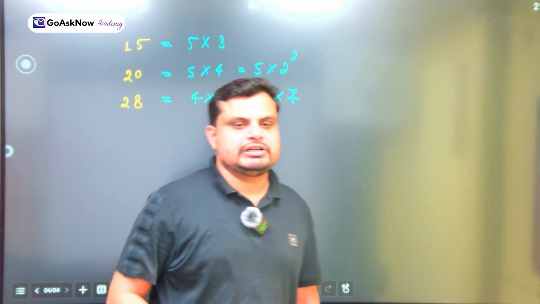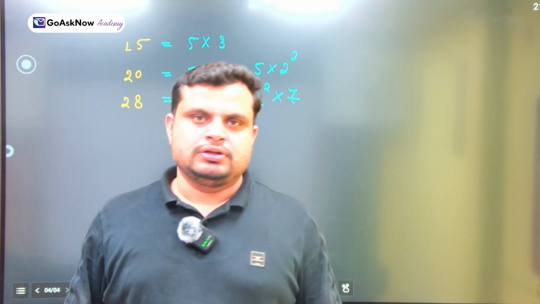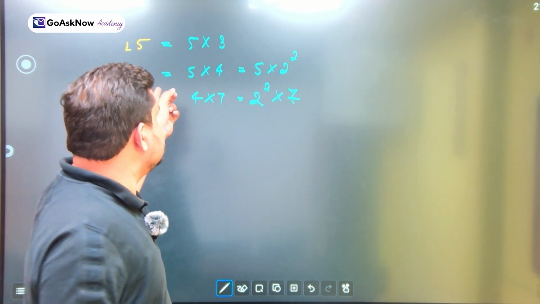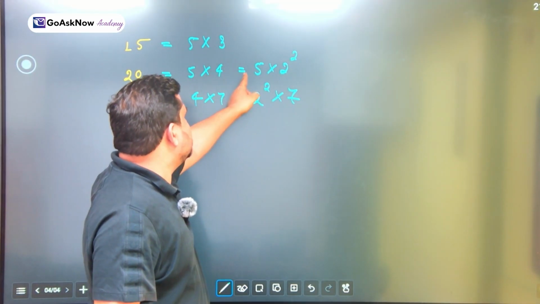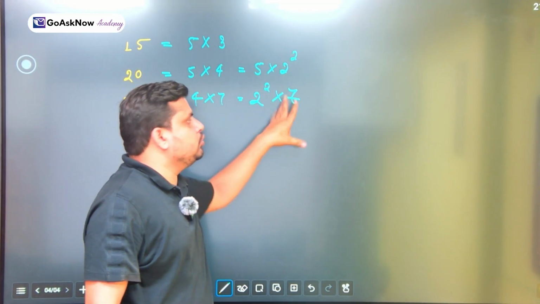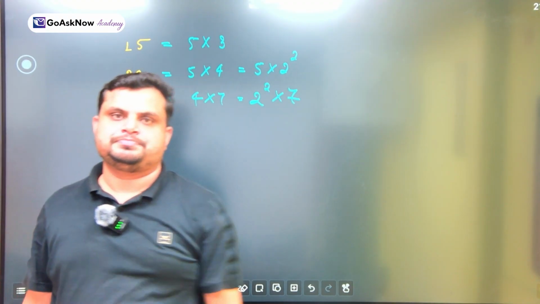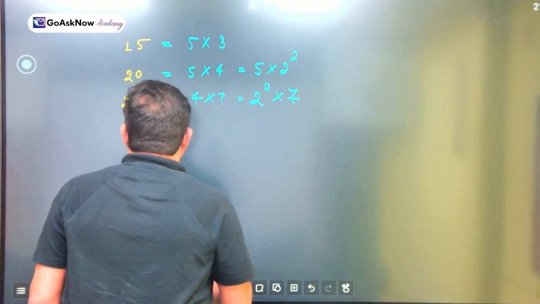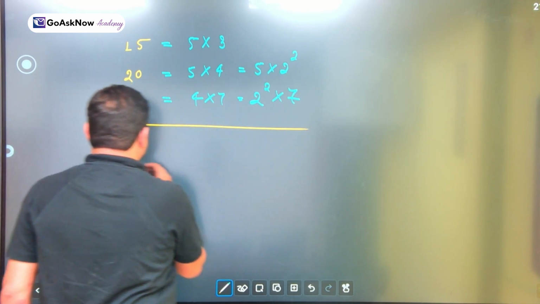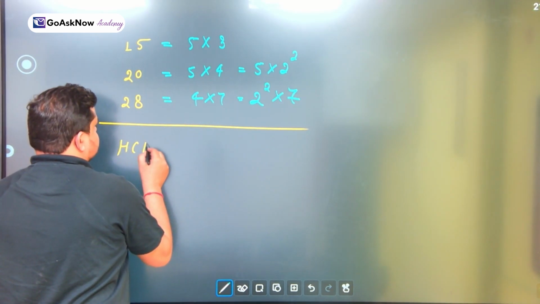Okay, so our prime factorization is done, because in the first, 5 and 3 are prime numbers. Here 5 and 2 are prime numbers. There 2 and 7 are prime numbers. Okay, absolutely clear. So let us move forward and find out what is our HCF.